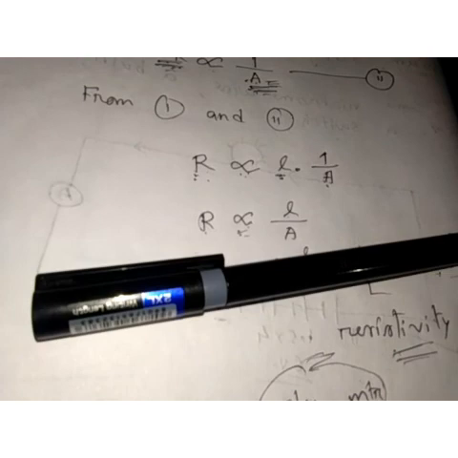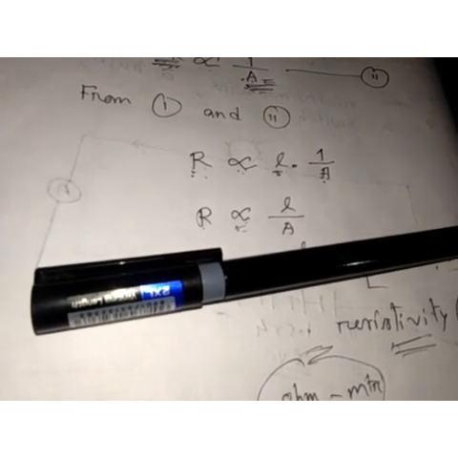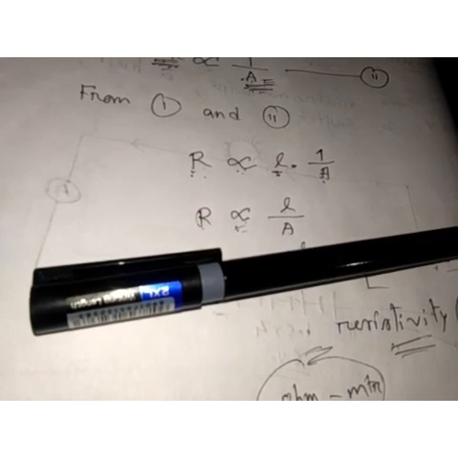Number 2, resistance is inversely proportional to the area of cross section. Number 3, resistance also depends on the nature of the materials.